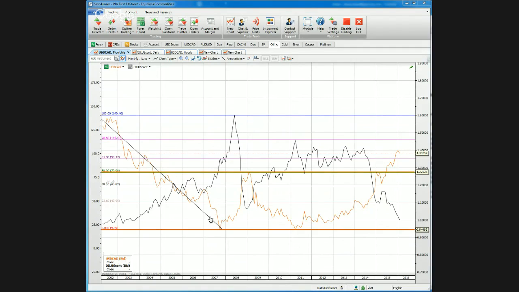Right, I'll carry on with dollar CAD and the inverse correlation between dollar CAD and oil. We're seeing price action in dollar CAD just turned slightly this morning. We've seen a little bit of an uptick in oil itself as well.